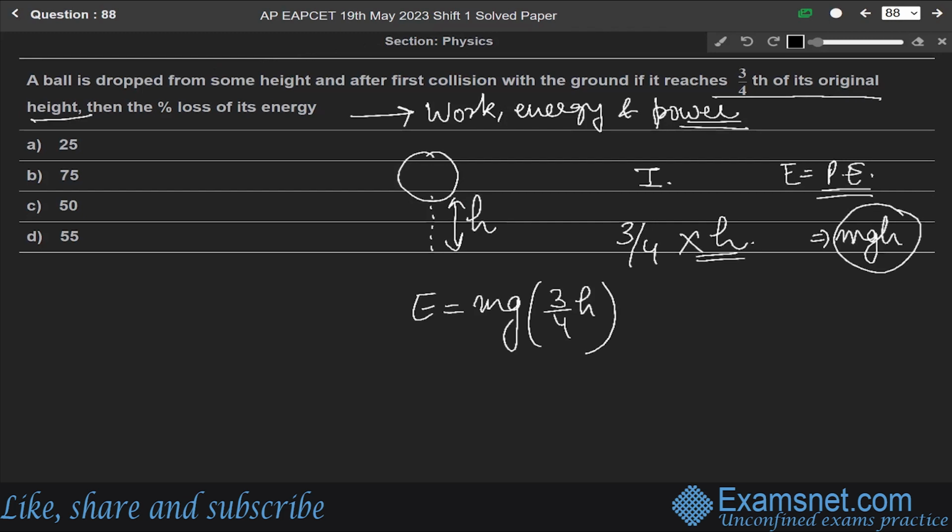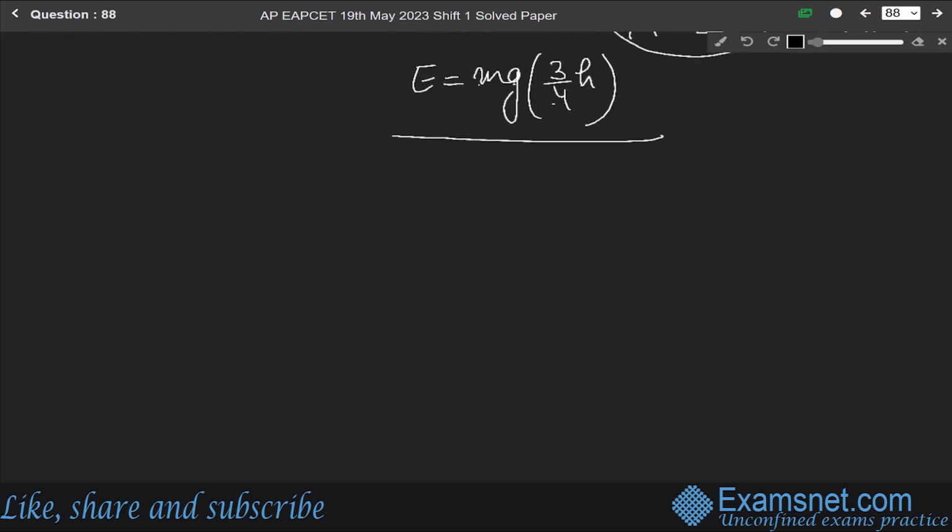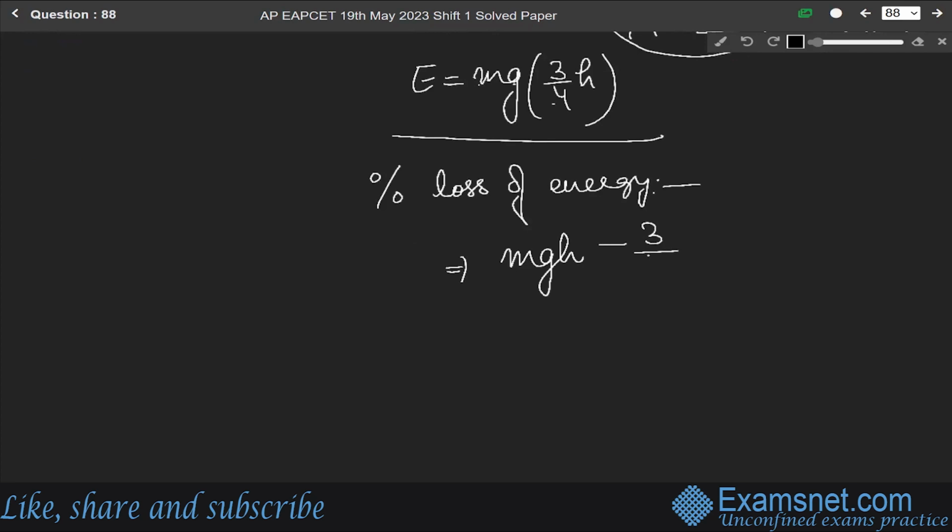If the original height is h, it will reach 3 by 4th of its original height. So now the energy will become mg into h, meaning 3 by 4 of h. Okay. So percentage loss of energy means original energy, the initial energy, minus the final energy, over original energy, into 100.